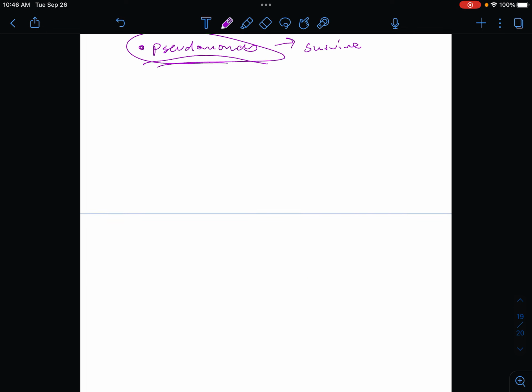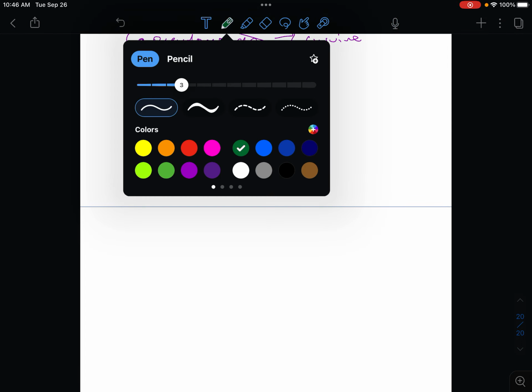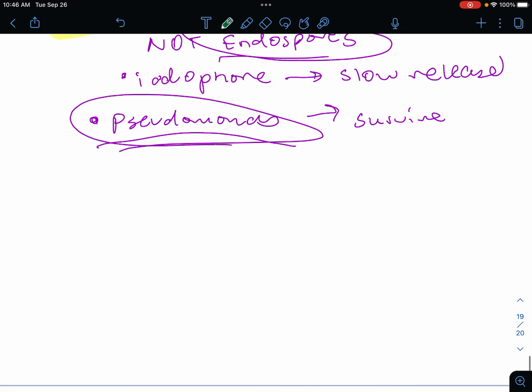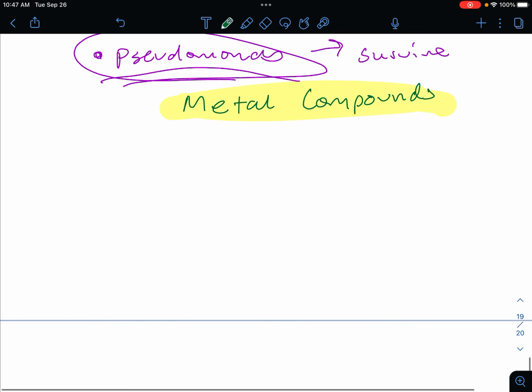Alright, now let's talk about metal compounds. This might have been a surprise attack, a sucker punch. You weren't expecting metals to be in this. Alrighty. So, mode of action.